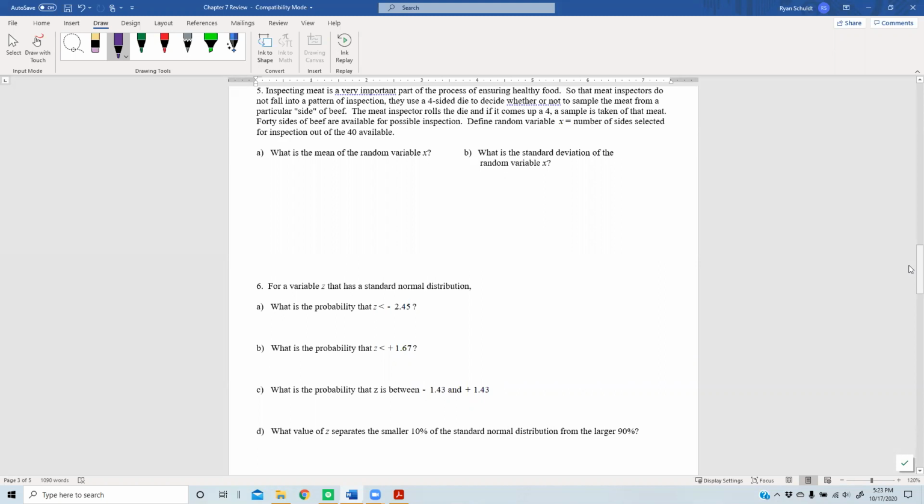Okay, let's see. N is going to be 40. Now, what's the probability that he samples the meat? Well, he's using a four-sided die, and if it rolls a 4, he takes a sample. So the probability of a sample would have to be 0.25.